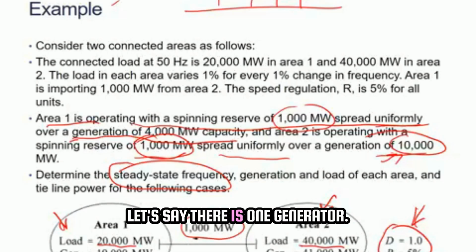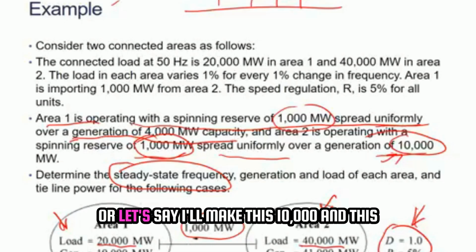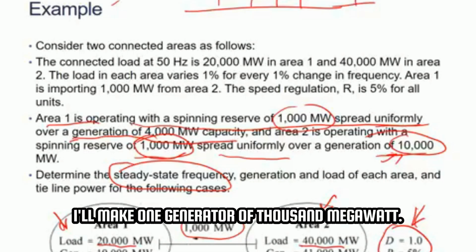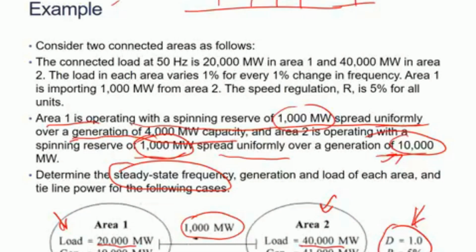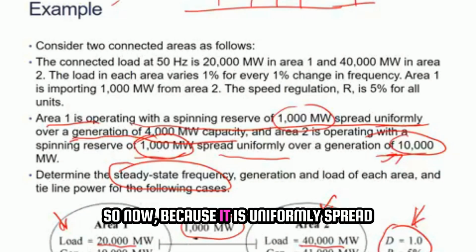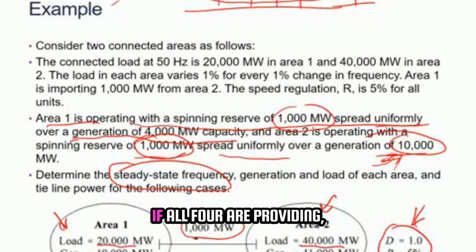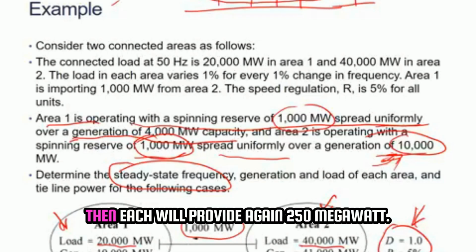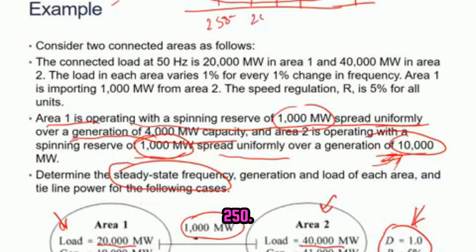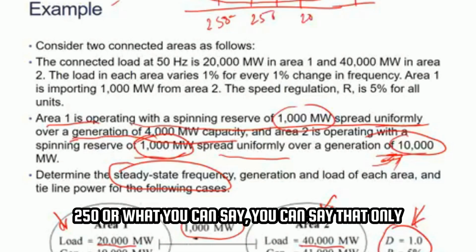Because it is uniformly spread over 10,000 megawatt capacity, if all four are providing, then each will provide 250 megawatt.